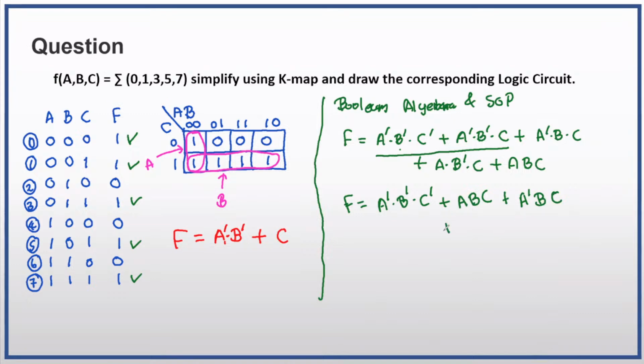Then by these two terms, I can easily eliminate A dash and have B, eliminate the input A and have BC.